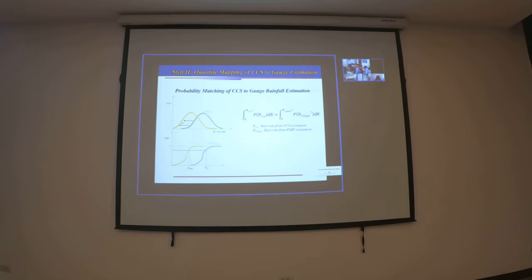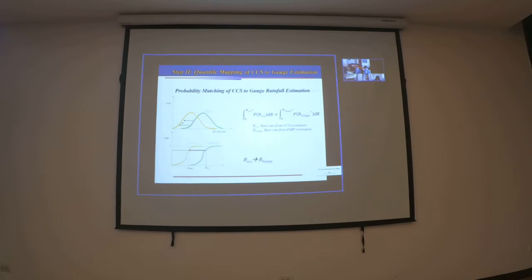The CDF from the satellite estimate, CCS, is the green one, and the CDF from the gauge estimate is the yellow one. So our purpose is to shift the accumulation curve from the green to the yellow. If we move the green curve to the yellow in accumulation, then we take the differential back into the PDF, which implies that the PDF for the green now moves to the yellow. So we do it all over the accumulation curve here.